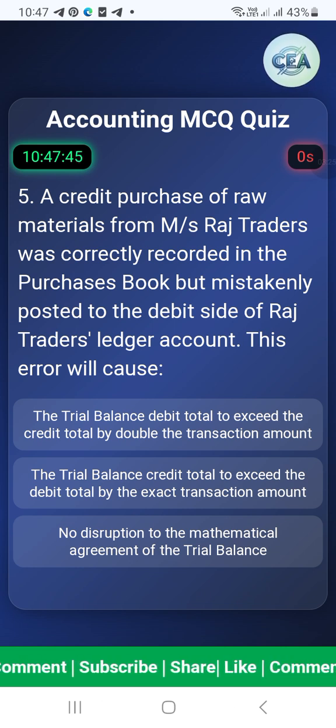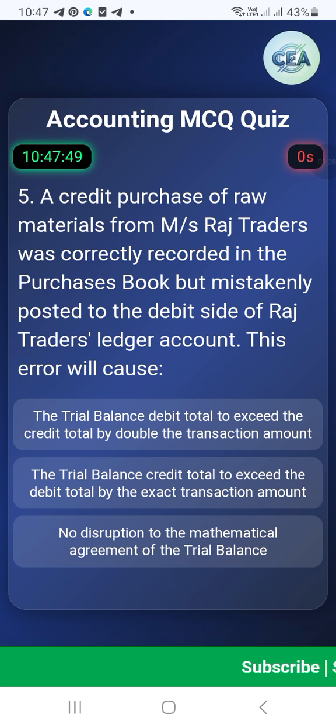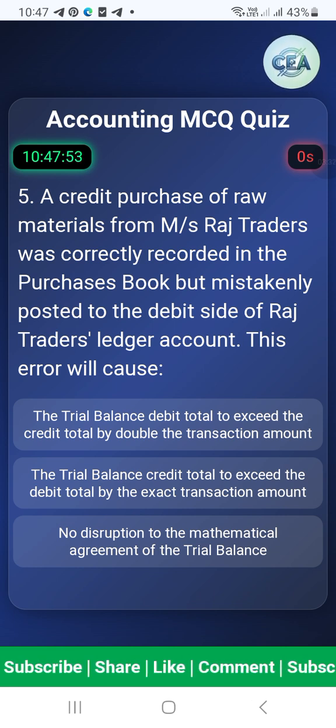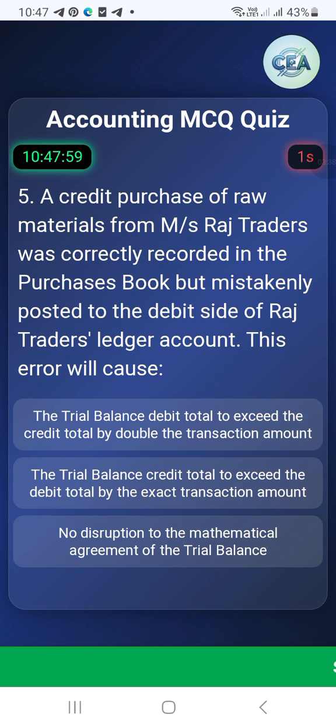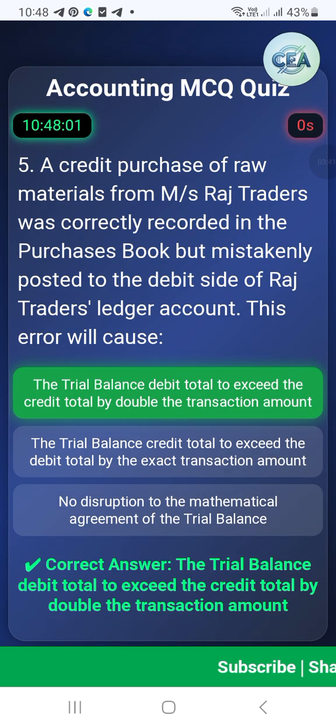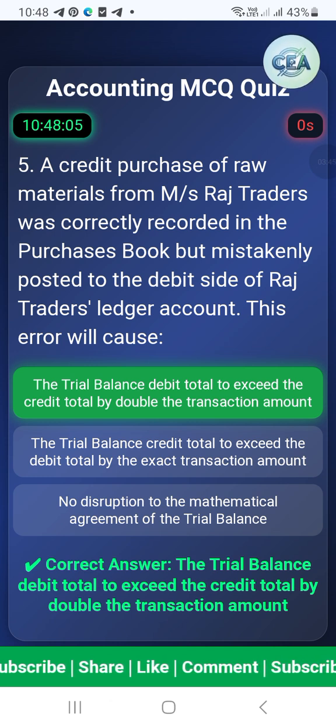The trial balance credit total to exceed the debit total by the exact transaction amount. Option 3. No disruption to the mathematical agreement of the trial balance. Correct answer is: the trial balance debit total to exceed the credit total by double the transaction amount.